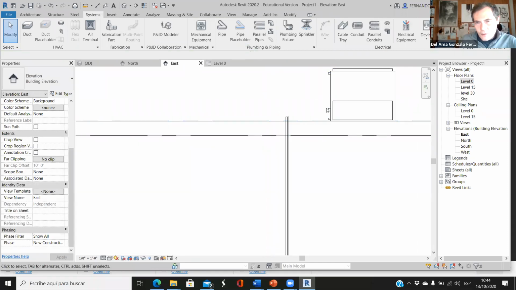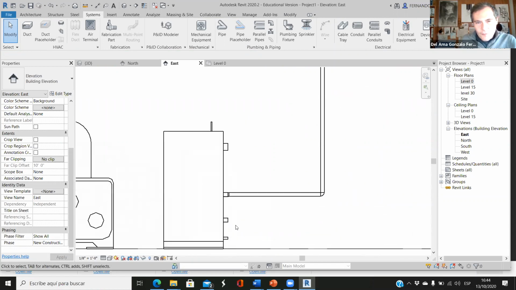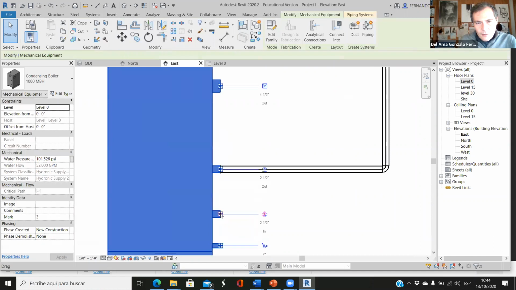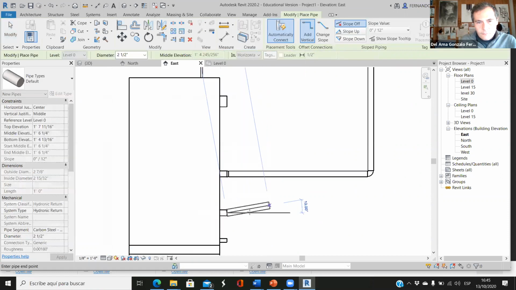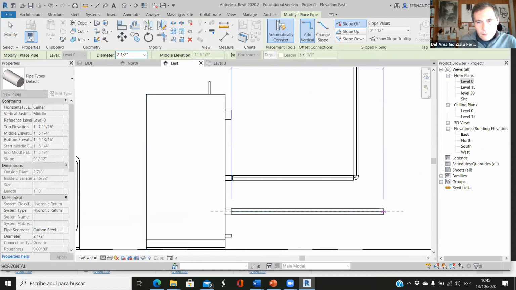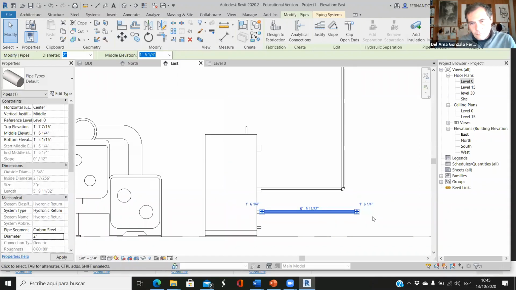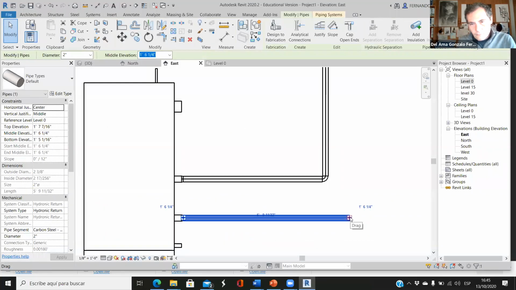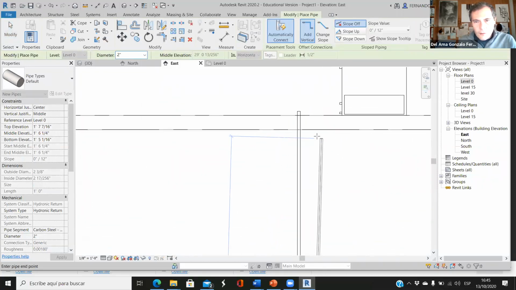And then we have to go horizontally to connect this to that. But then from this one, we have another loop. So we can draw pipe here, let's make it 2. And then let's go up.